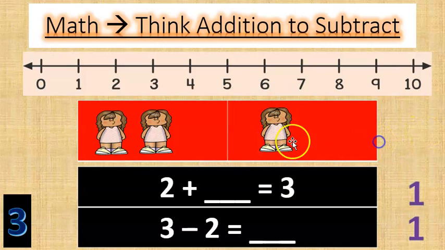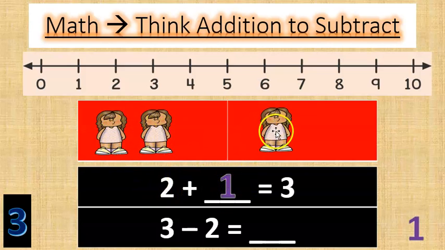Now, since there is 1 girl in here, what is our answer here? 1. Good job. So watch. Let's get 1 and let's insert 1 in here. And look, our addition equation is complete. 2 represents these 2 girls.